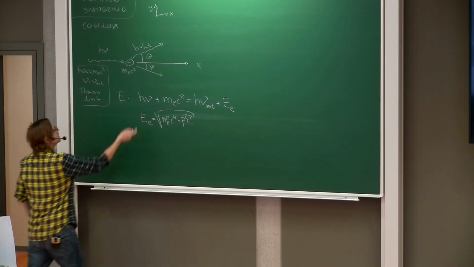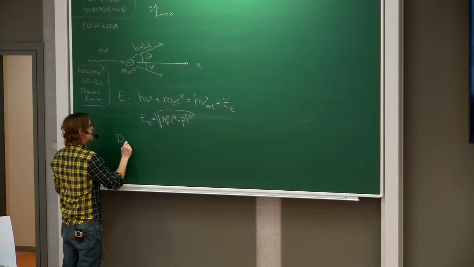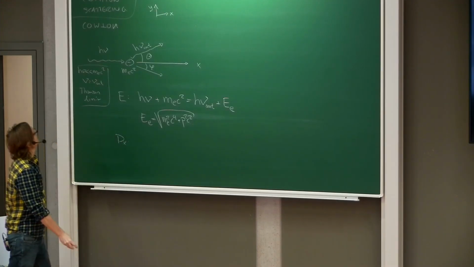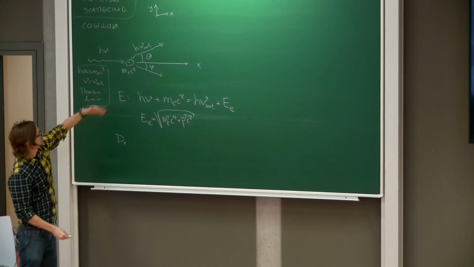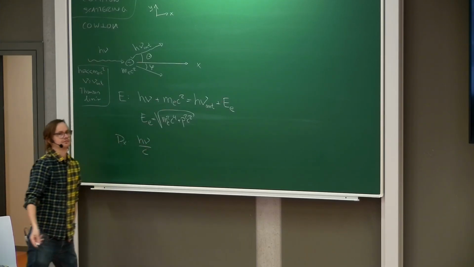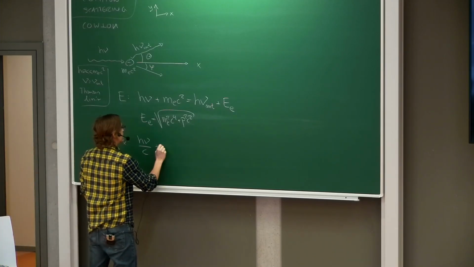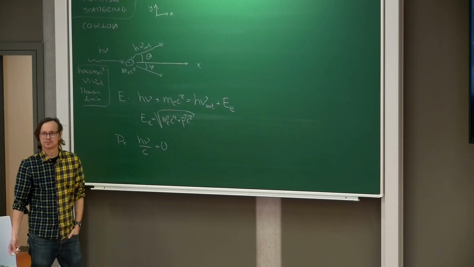Momentum. Well, we put it in the plane. So in the x direction, the photon is coming in that direction, so the incoming momentum is just h nu over c. This we know by now. The electron had no incoming momentum, right?